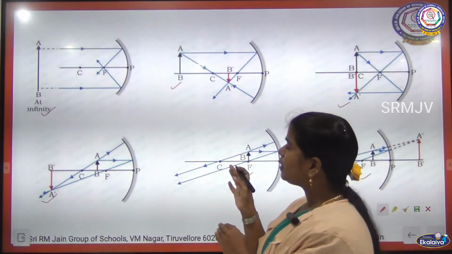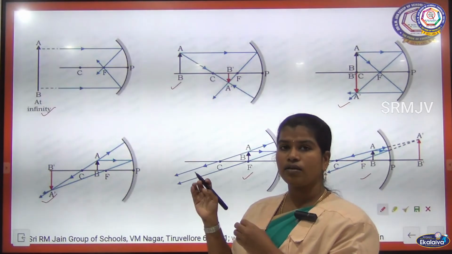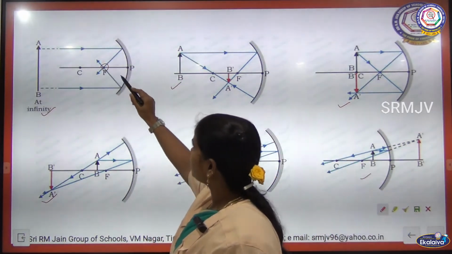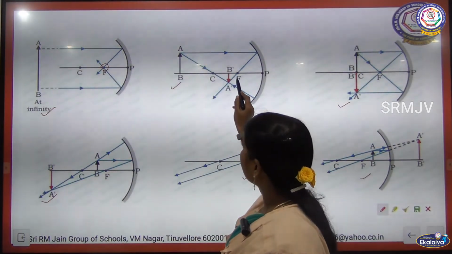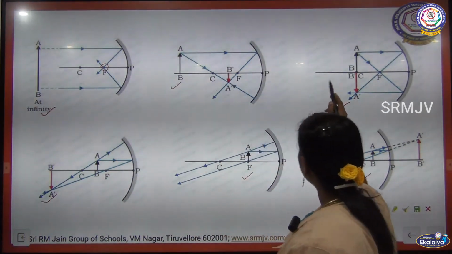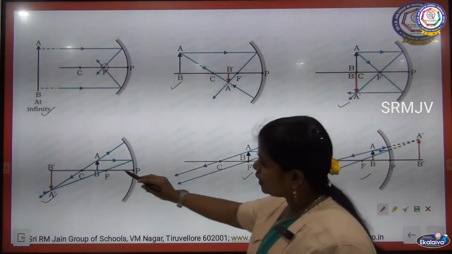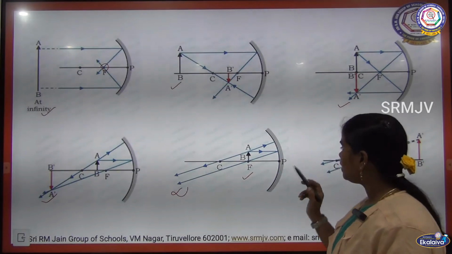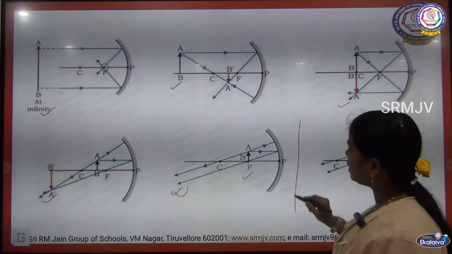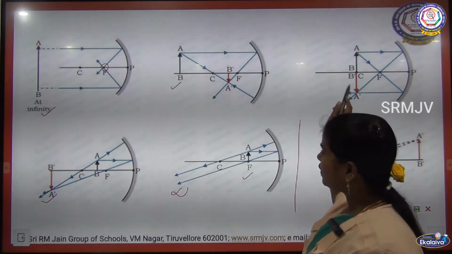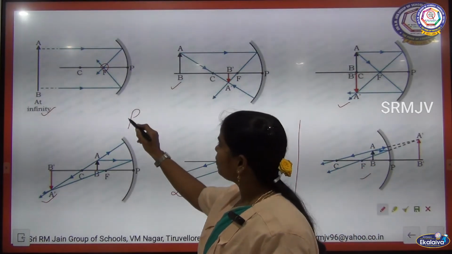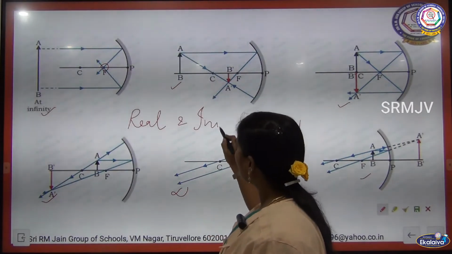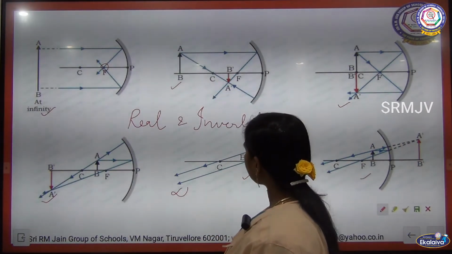But if you talk about the image, in the first case it forms at focus, and then it moves backward to between F and C, and then C, and then beyond C, and then infinity. We consider up to here, because in all these 5 cases the concave mirror produces real and inverted images.